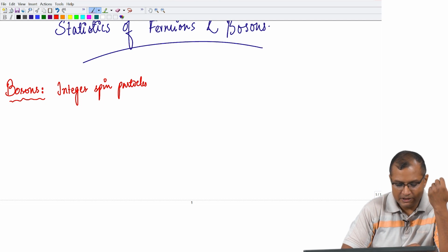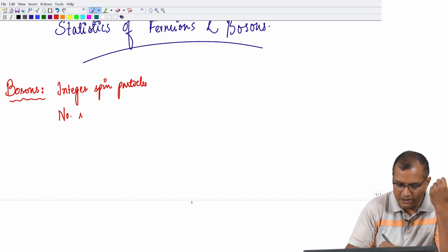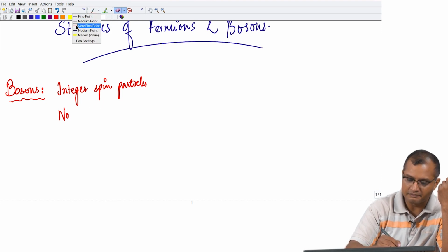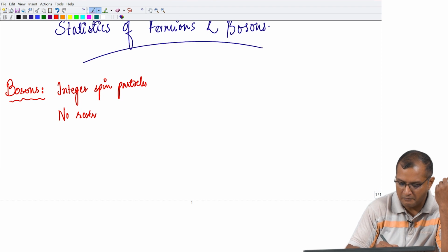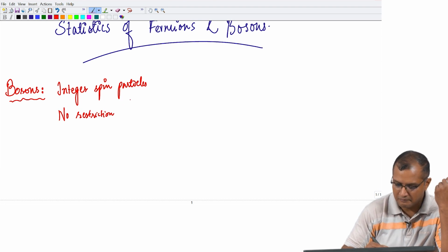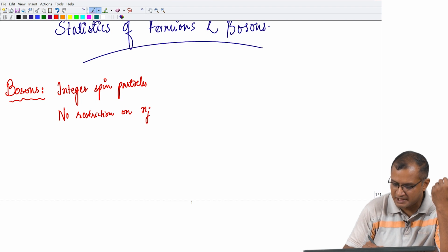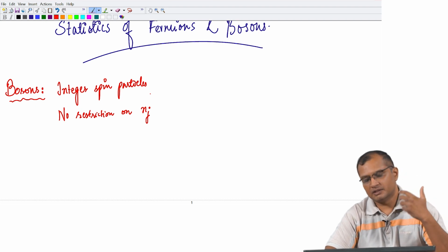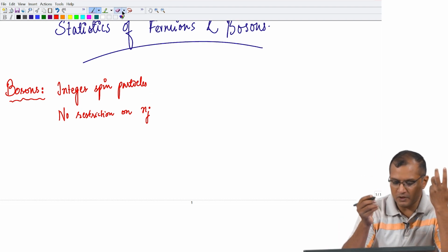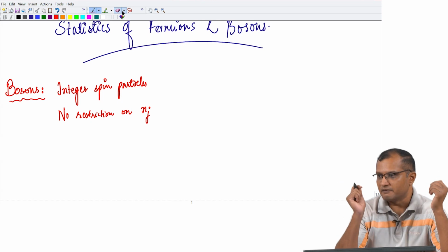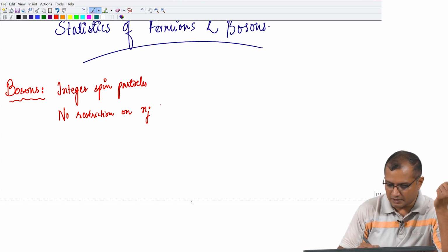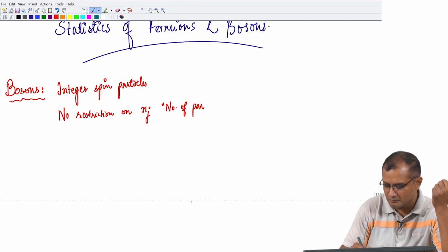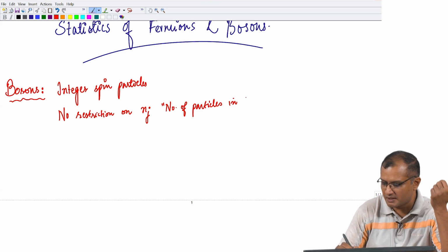And there is no restriction on the number of particles that can sit in a given energy level. I am going to say that as Nj, it can be any number between 0 and infinity. Okay. Number of particles in some energy level j.